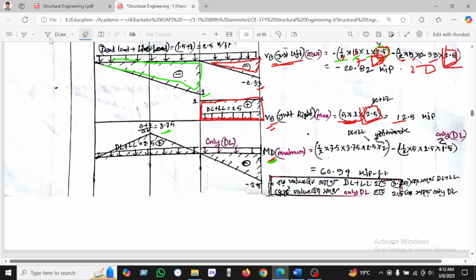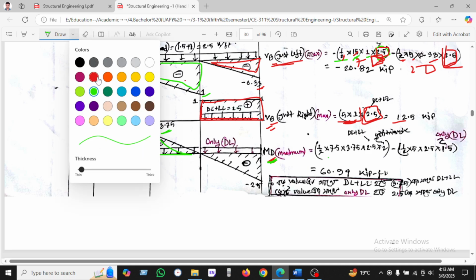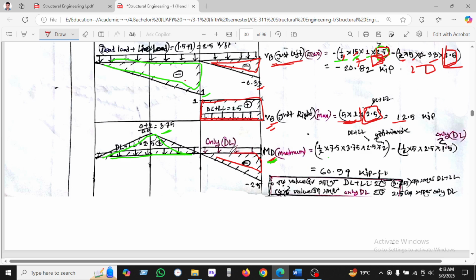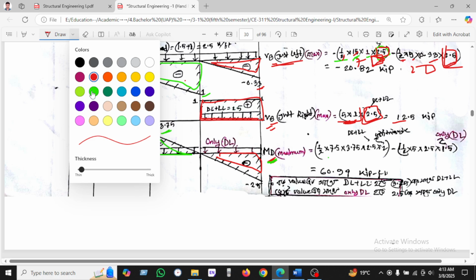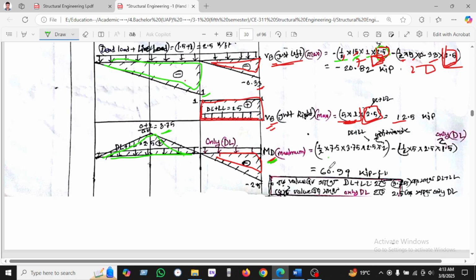Now there are two segments. This is one triangle segment, and the second is another triangle segment. Let's see the first segment. This is a triangle, half into length 7.5 into 3.5 into 2.